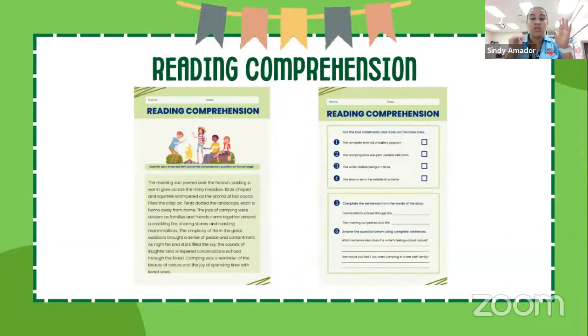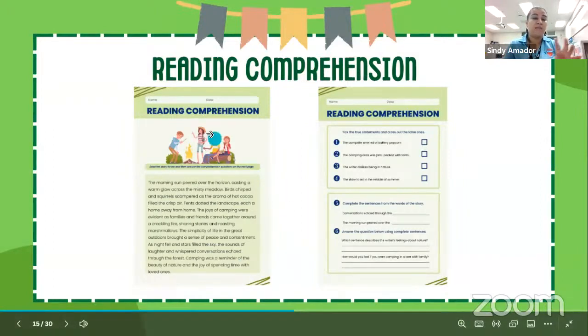So just try to review everything before you hit print, before you hit send, or before you share it with your students, because you have to make sure that everything is proper and correct, and that it is useful, especially useful for you.